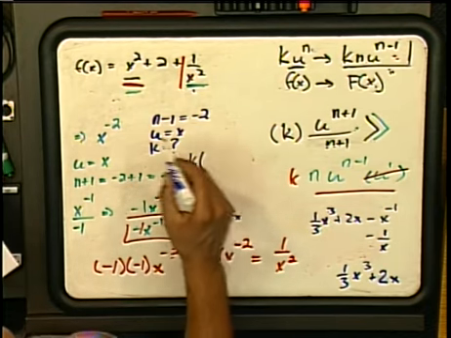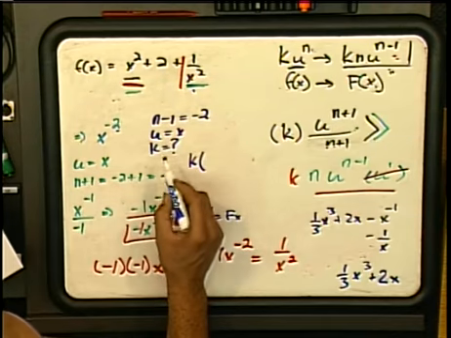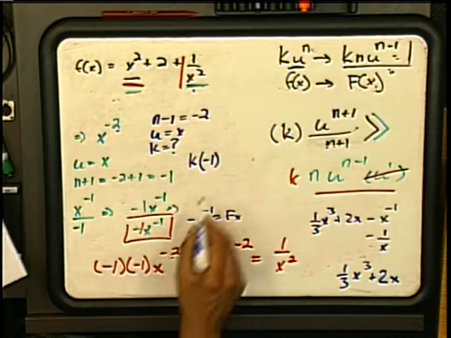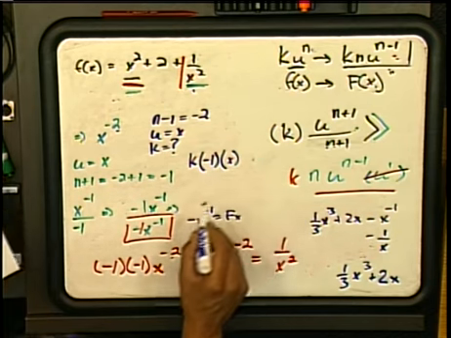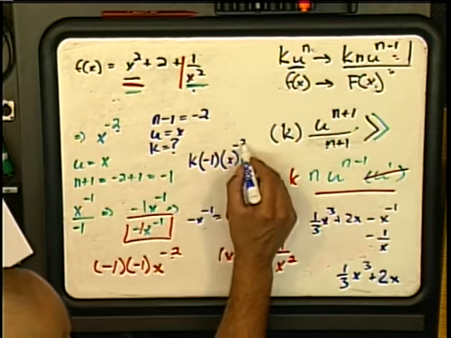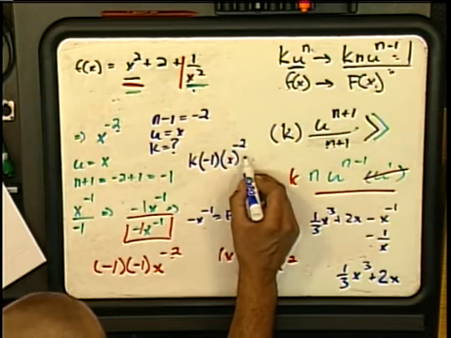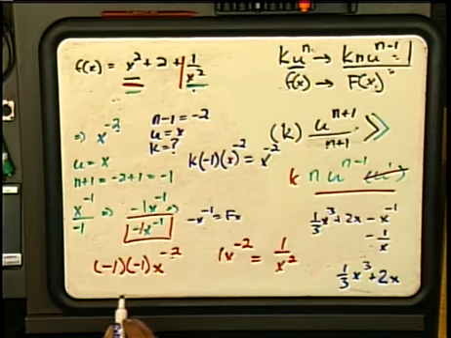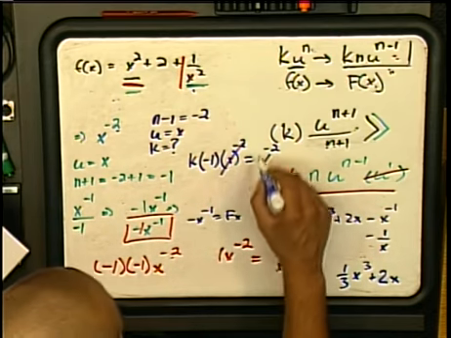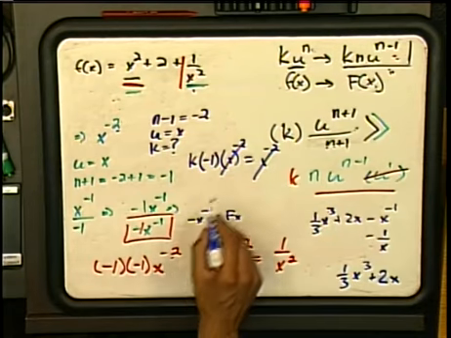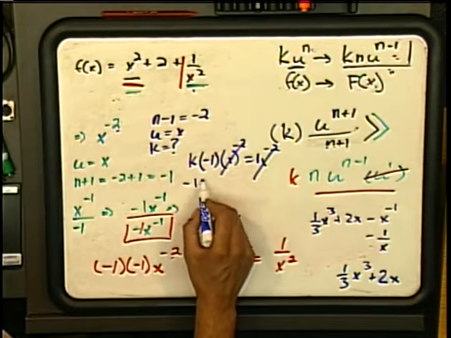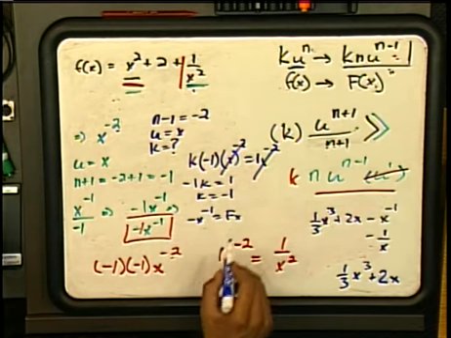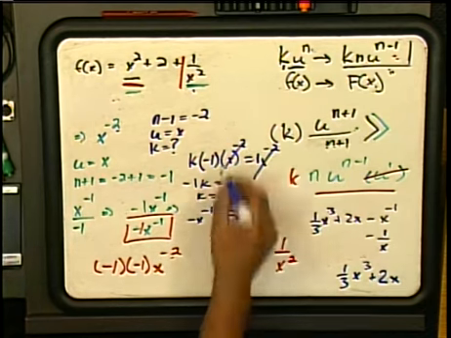N would be this plus 1, which is negative 1. u, n minus 1. And all of that equals to the negative 2. This cancels. So negative 1k equals 1. K equals negative 1.